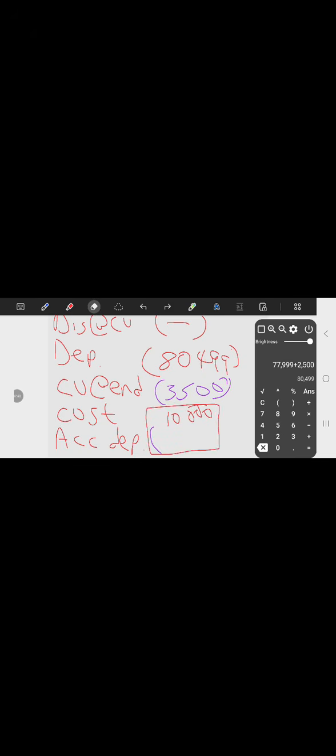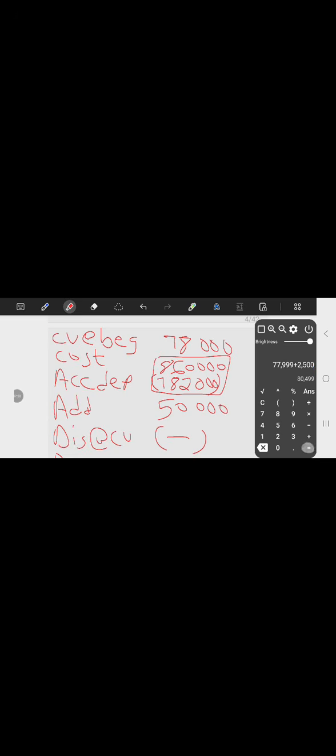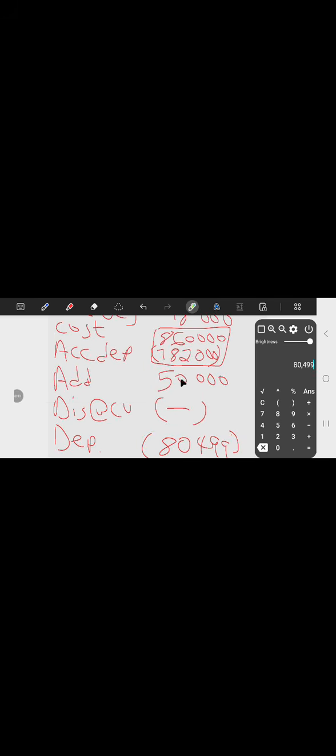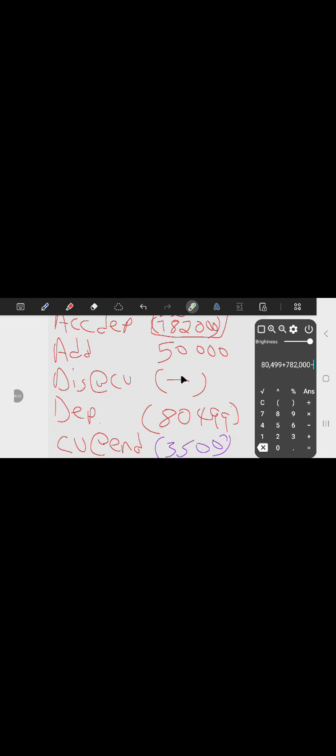Okay, my pen now is not doing what I want. Now accumulated depreciation at the end, we are going to have the one that we just calculated, plus the accumulated depreciation at the beginning of the year, 782,000, minus accumulated depreciation for the disposed asset.